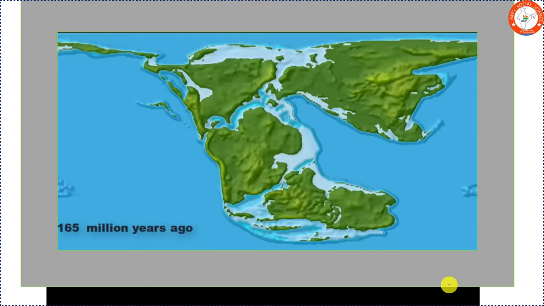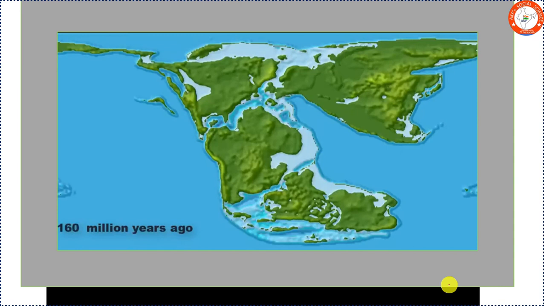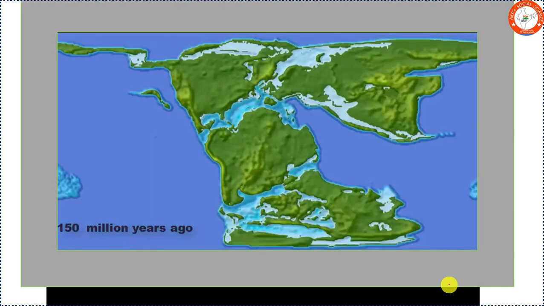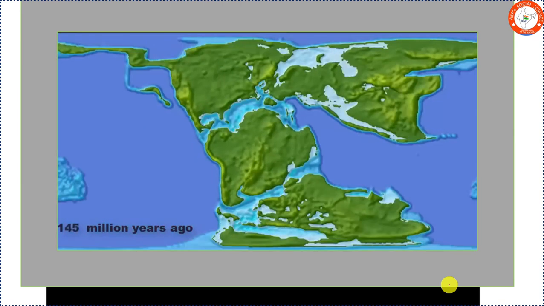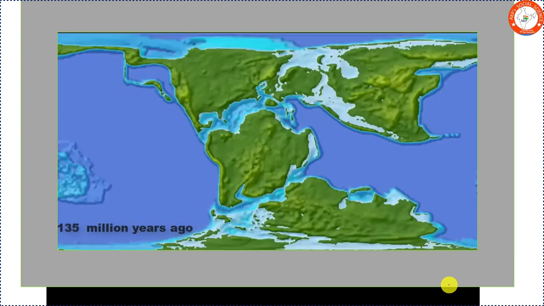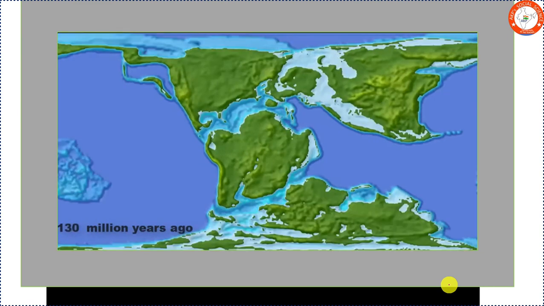Some million years ago, as in the Pangaea we saw earlier, the continents slowly separated and moved towards each other.